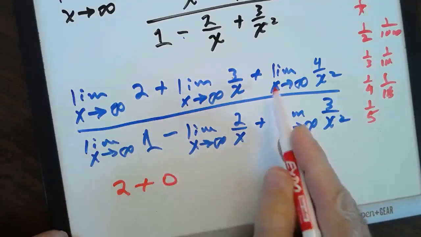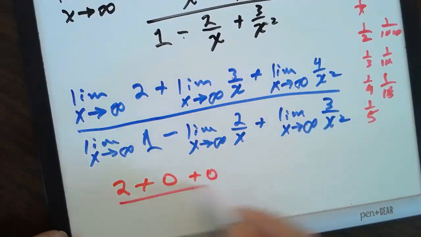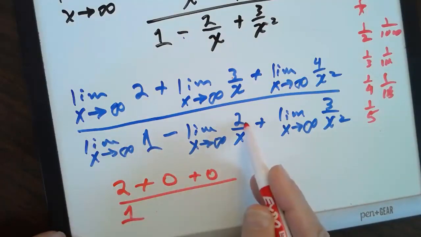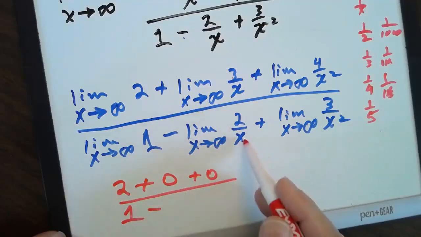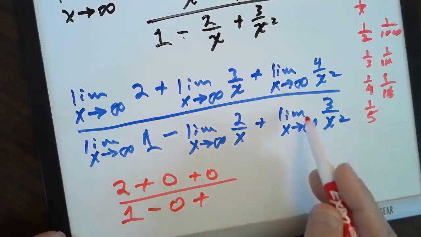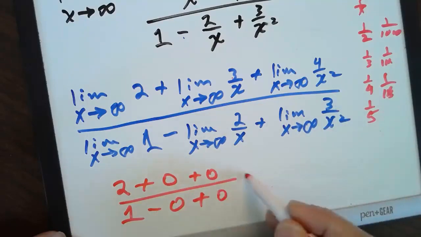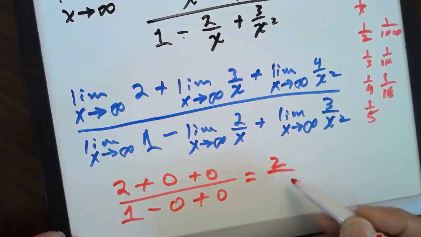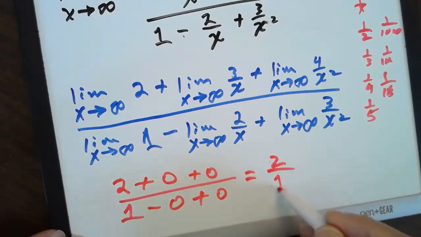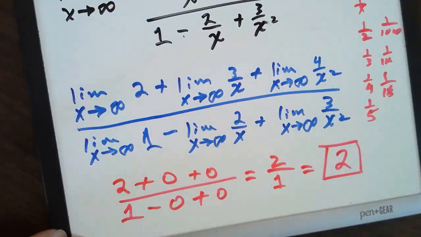The limit of 4 over x squared tends to 0, over the limit of a constant, which is just that constant, minus the limit of 2 over x, which again goes to 0, plus the limit of 3 over x squared, which goes to 0. So 2 plus 0 is 2, and 1 minus 0 plus 0 is 1. So 2 over 1 is 2, and that is our answer.